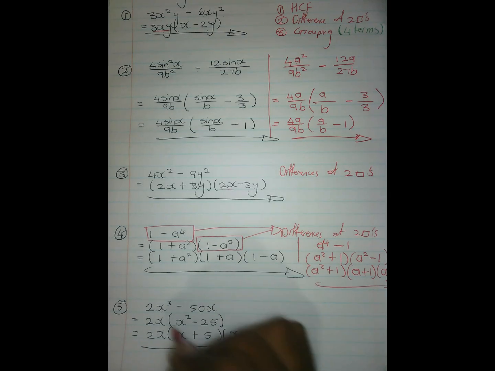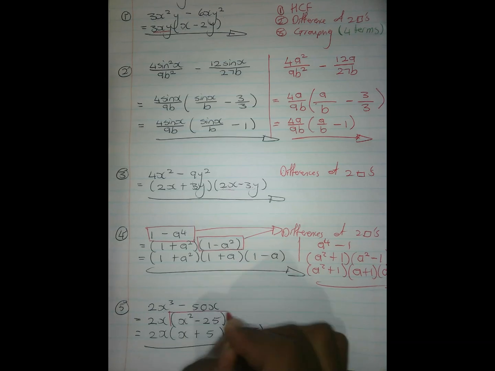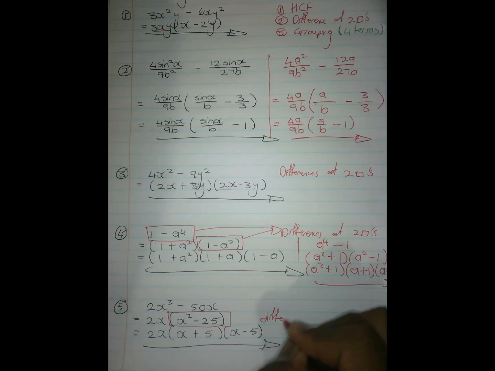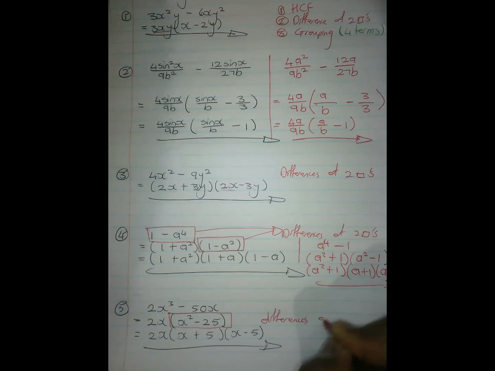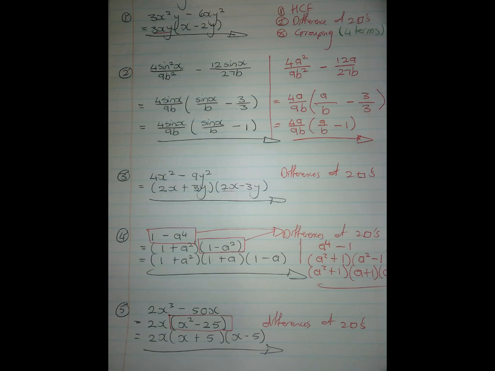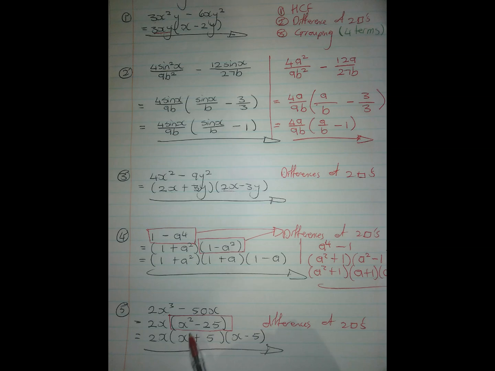Only now will this be a difference of two squares. I put my common factor down, then I factorize this bracket: x plus 5, x minus 5.